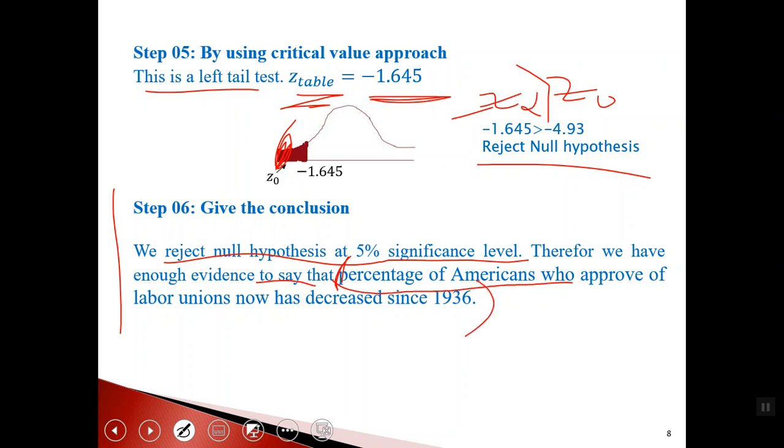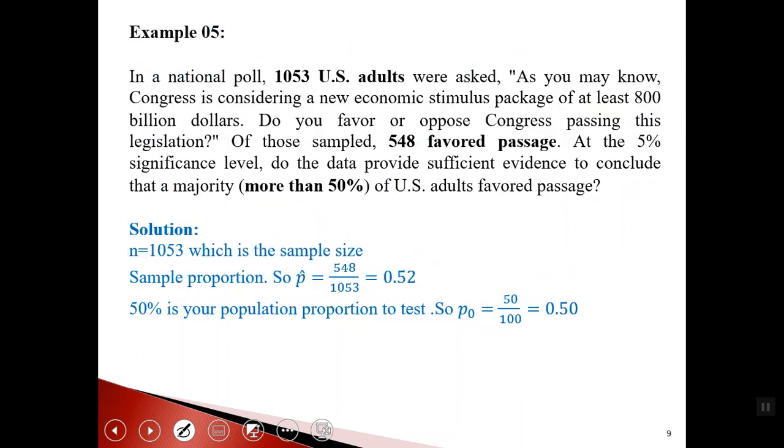What is our claim? The percentage of Americans who approve of labor unions has decreased since 1936. So this is our claim. We can go with the claim because we reject the null hypothesis. Okay, let's see another one.